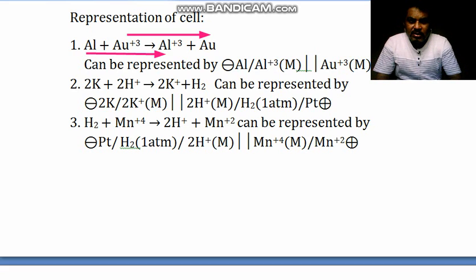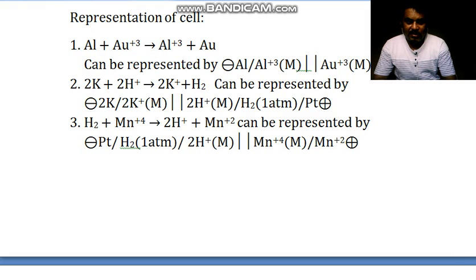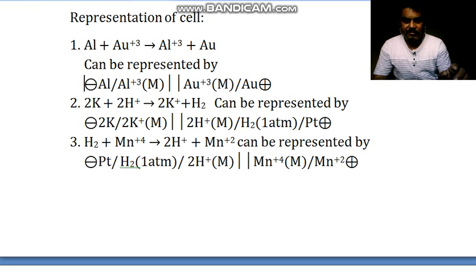Now we have to see what is oxidized and what is reduced, and after that we are going to represent this cell. So this cell can be represented in this pattern. I am showing in which pattern this cell is to be represented.